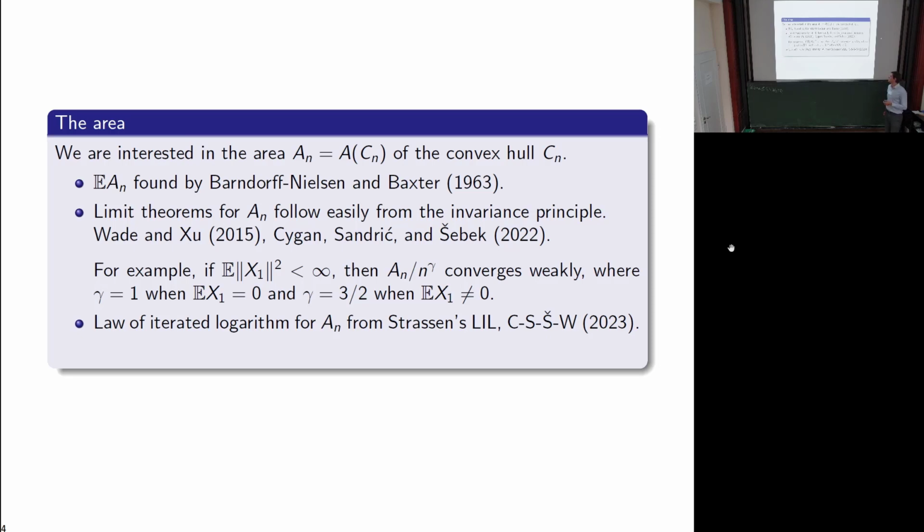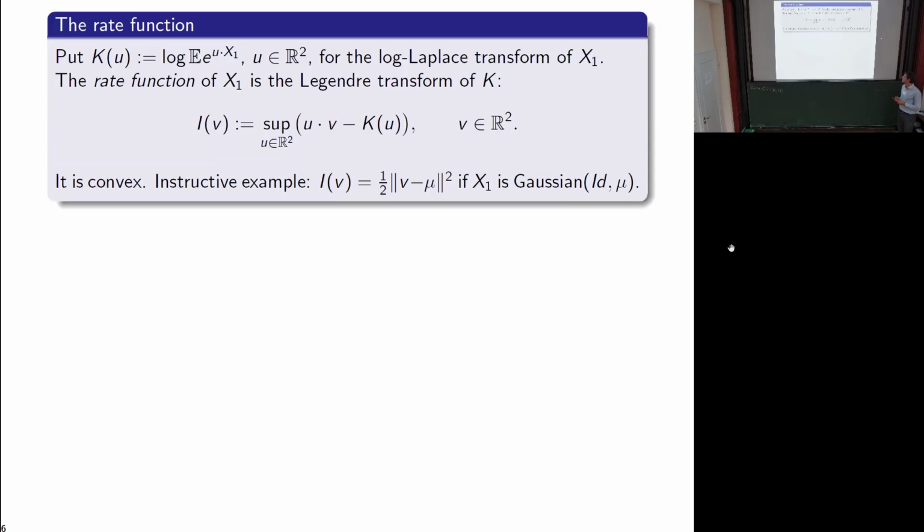And you can do different things. You can do a law of the iterated logarithm for the area. This is a recent result. And we are interested in large deviations of the area at the scaling n squared, as opposed to n or n to the 3/2. And we will see that this is the natural large deviation scaling.